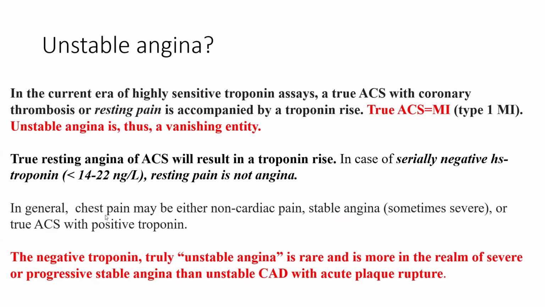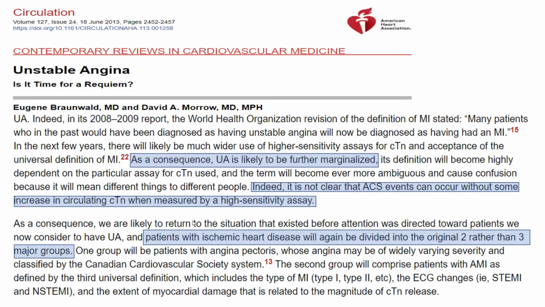In general, chest pain is either non-cardiac pain, stable angina, sometimes severe, like in this patient, or true ACS with positive troponin. Truly unstable angina with negative troponin is rare and is more in the realm of severe or progressive stable angina than unstable CAD with acute plaque rupture. And Braunwald in 2013 already said that.